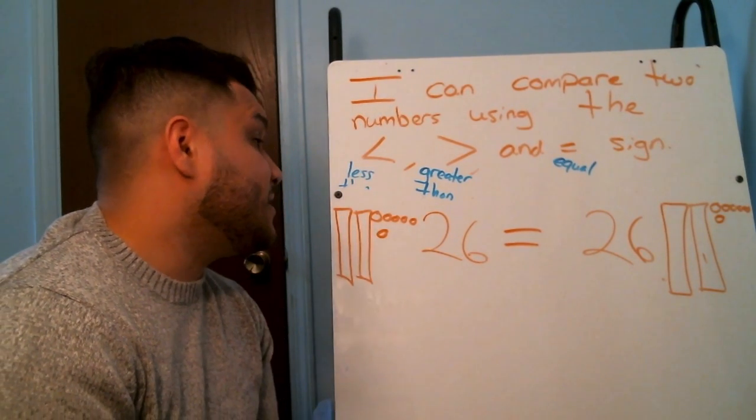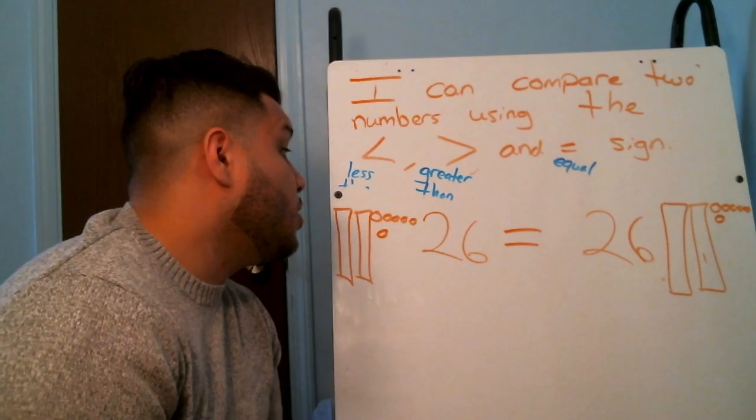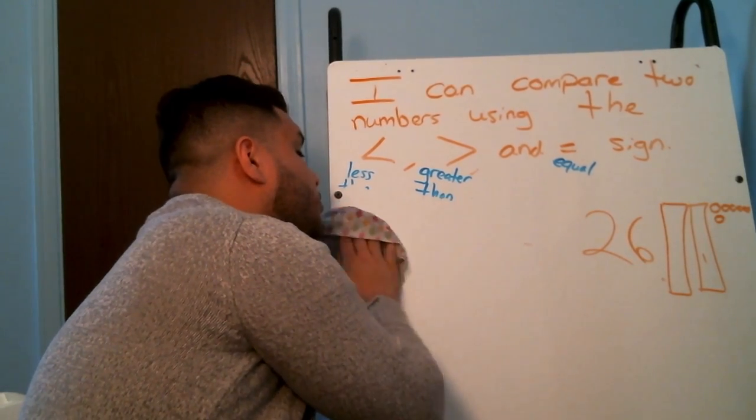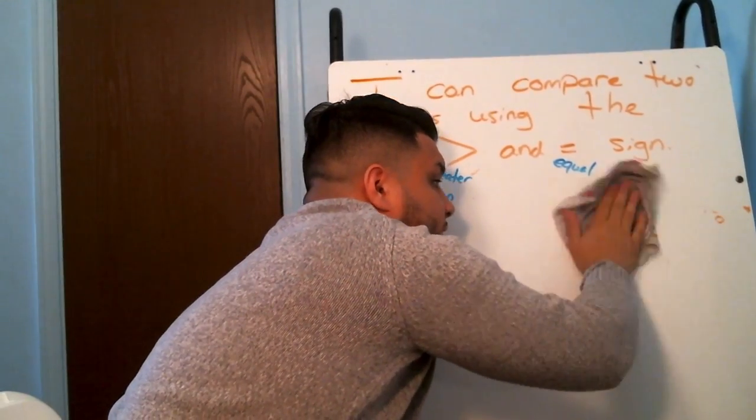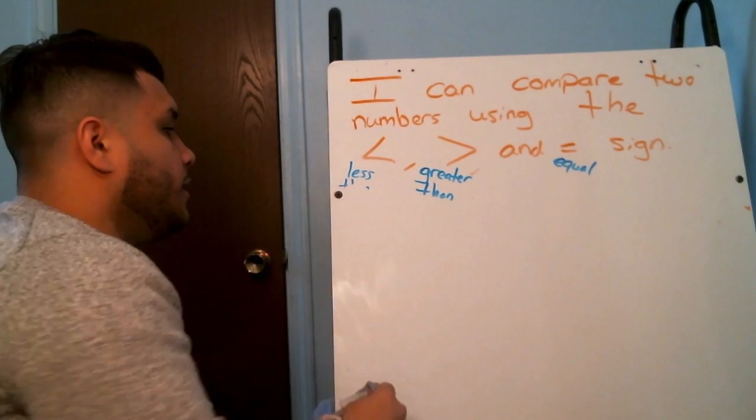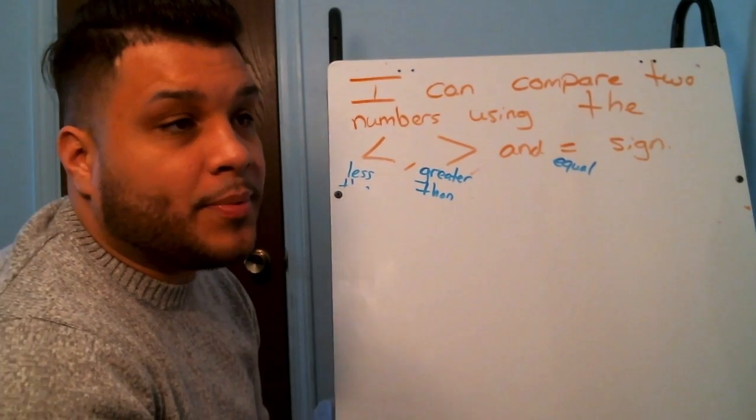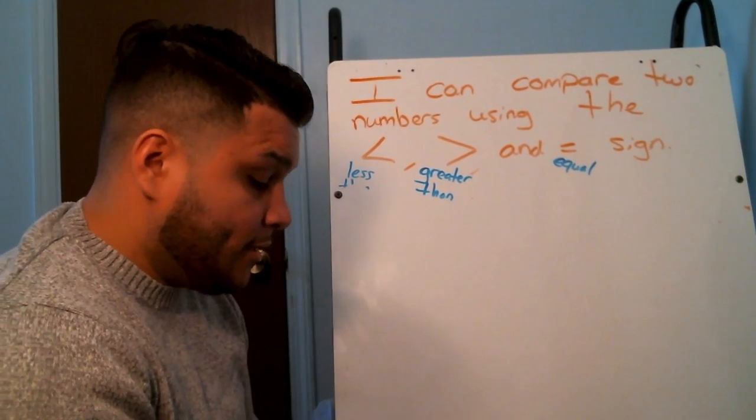Okay, I want you guys to take a deep breath because we're going to get ready to go through some rapid fire. Because we're doing rapid fire, Mr. Nieves is going to skip over drawing the picture and he's only going to compare the numbers using their place value.